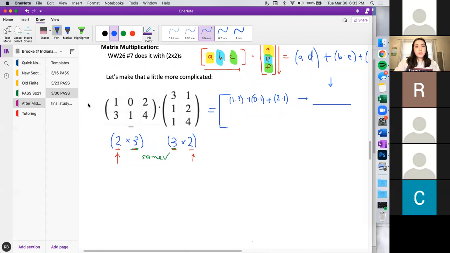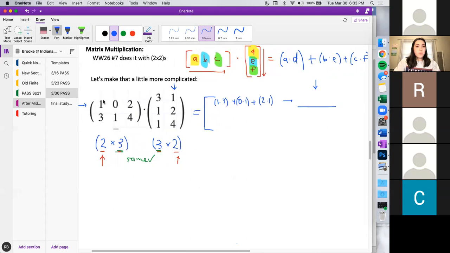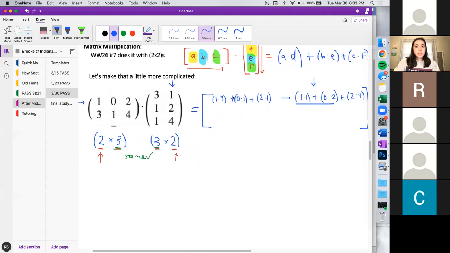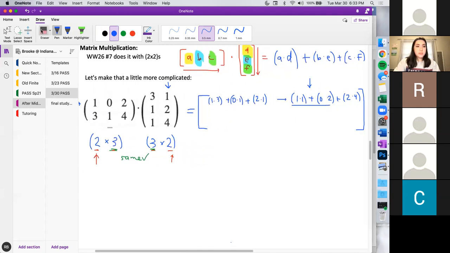So that means I'm going to take the first row of the first matrix and then the second column from the other matrix, and then multiply. So I got 1 times 1, 0 times 2, and 2 times 4. So that's the entry in that spot of the product.